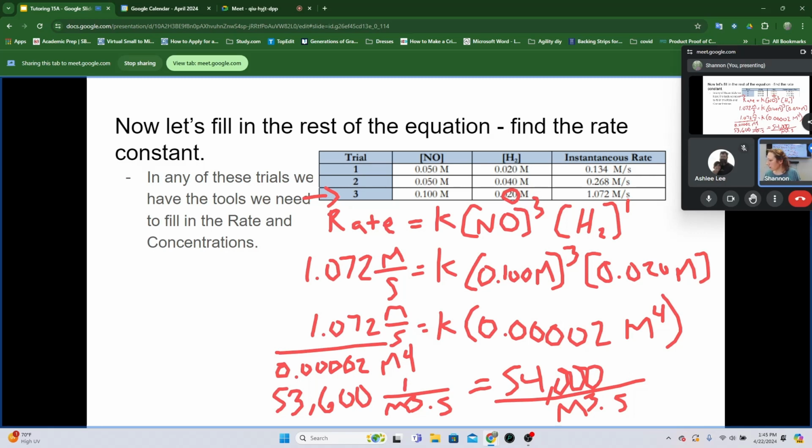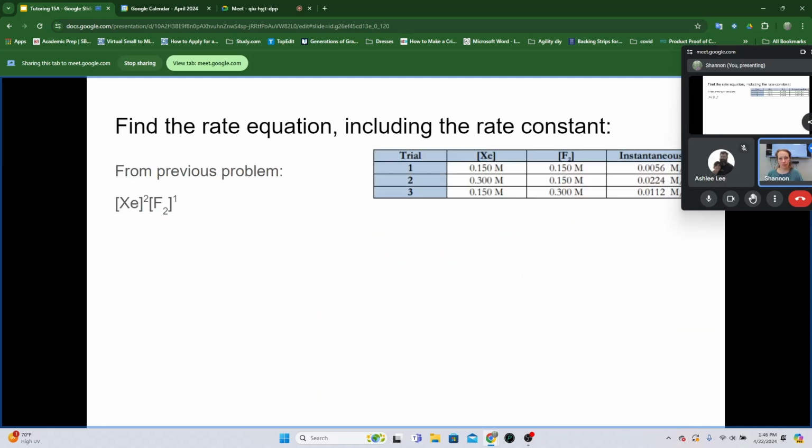So let's do another one. Same thing, and we already found the orders in the previous problem. I'm going to tell you this: you're going to have one 5-point question on the exam that is this from beginning to end.